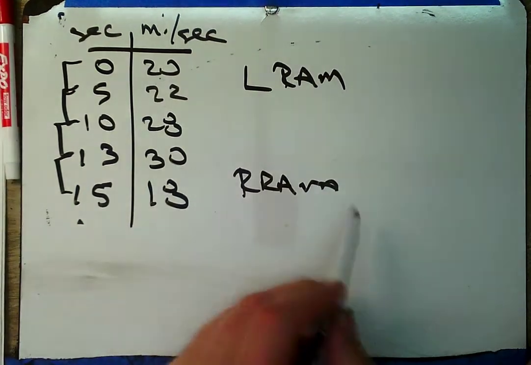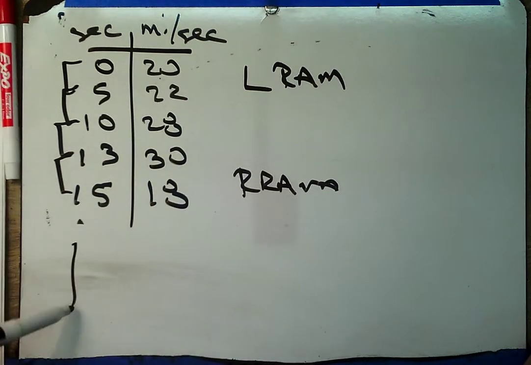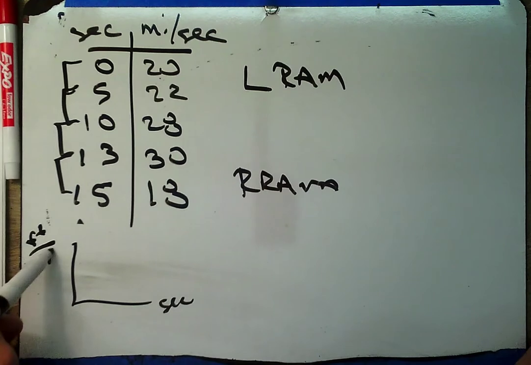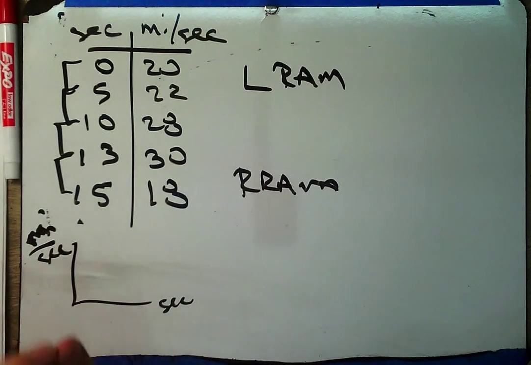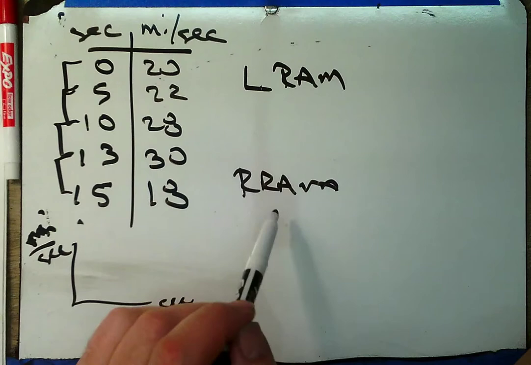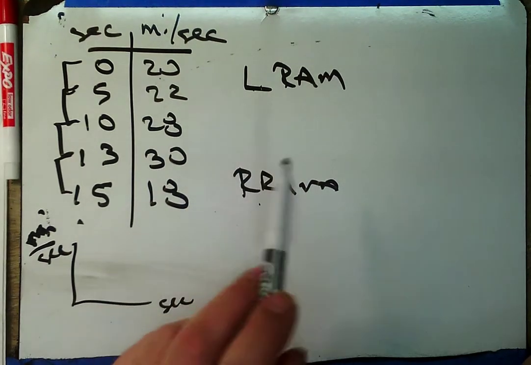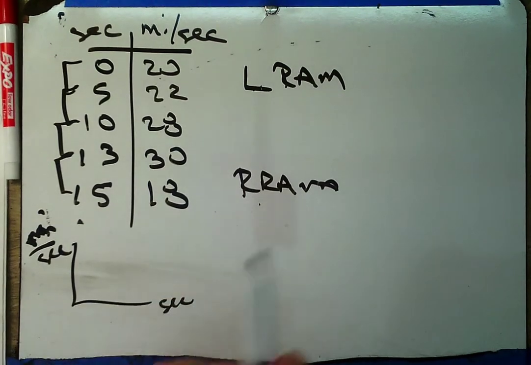So please go and calculate your approximations for the area under this velocity curve. It's miles. Estimate the area under the velocity curve using LRAM and RRAM, a left Riemann sum and a right Riemann sum. Pause the video, come back, and we'll take a look at those.